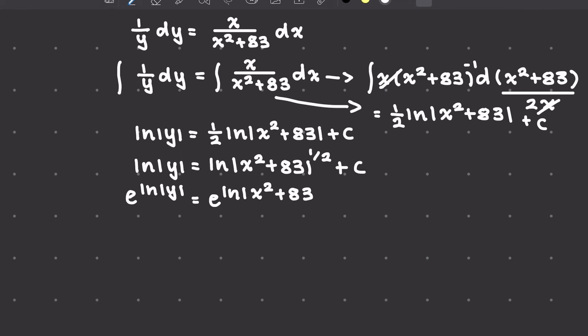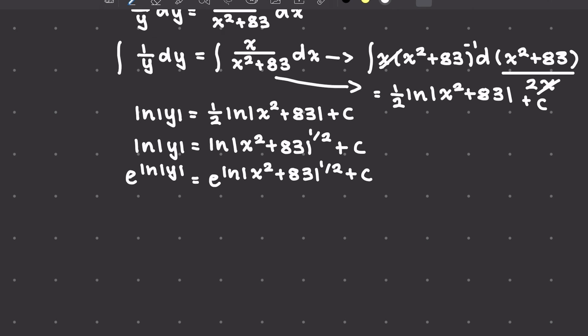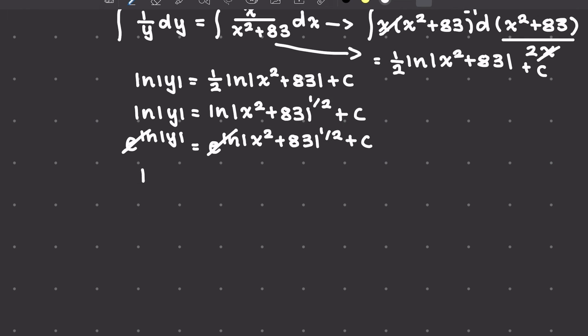Plus c. We can cross out e and ln, and this will just give us, or I would rather call it, the square root of x squared plus 83 times e to the c.